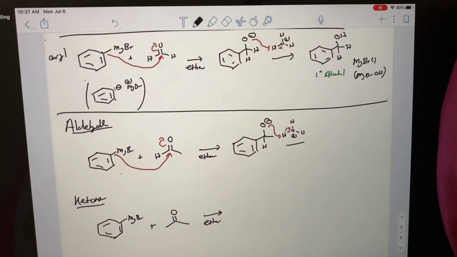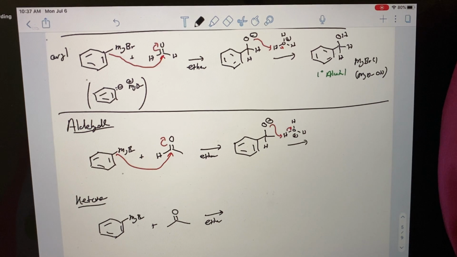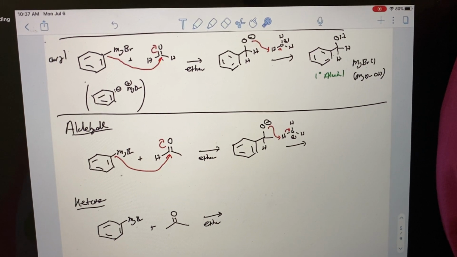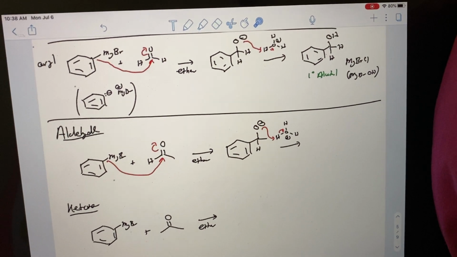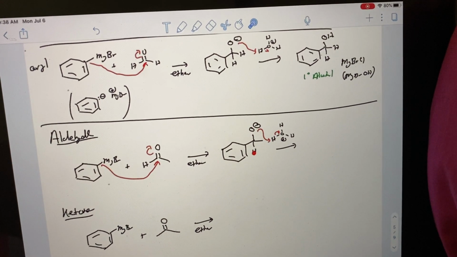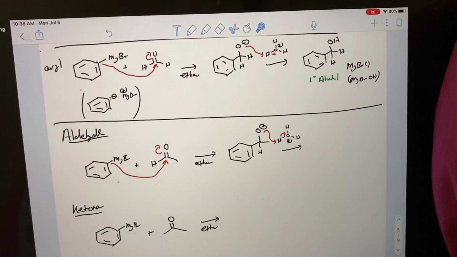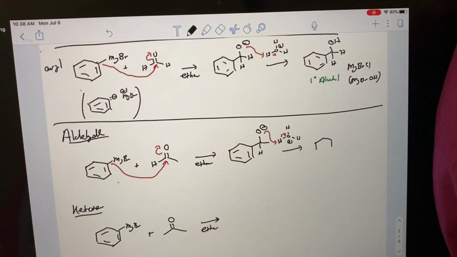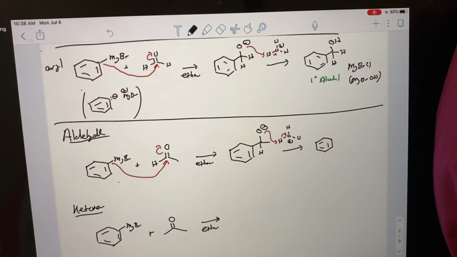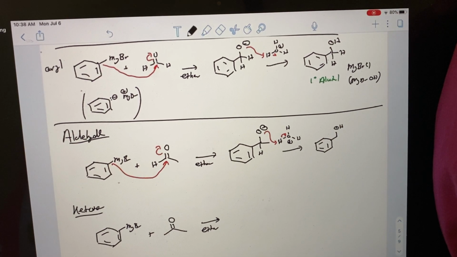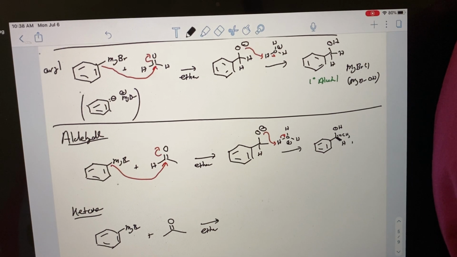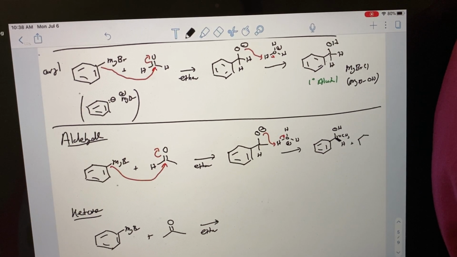Now for this one, notice when we protonate it, we're going to end up with a secondary alcohol. On our alcohol we have the OH group, a methyl group, a hydrogen, and then the benzene ring. So we actually have 4 different species. We could put it like this. Plus, let's just keep the benzene in the same spot.